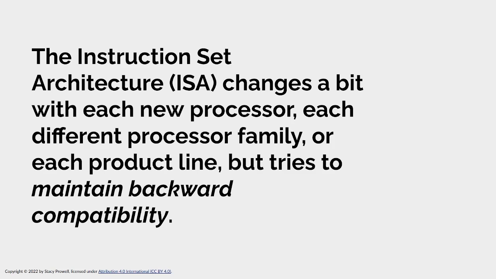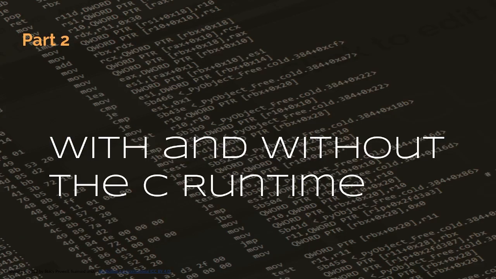The instruction set changes each time a new processor, or even a different processor family or product line, comes out into the market, but that tries to maintain backward compatibility with the core set of features. Maybe that core feature set does change a bit over time, but we'll do our best. So let's think about running code both with and without the C runtime.